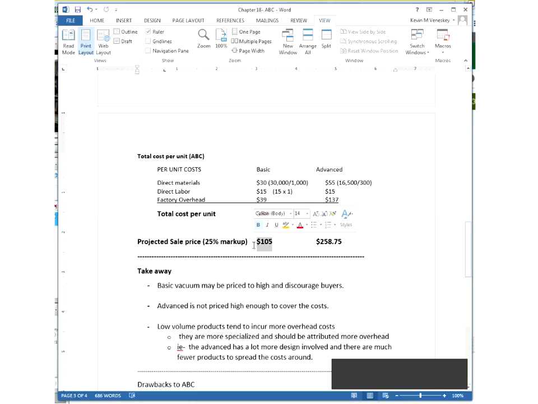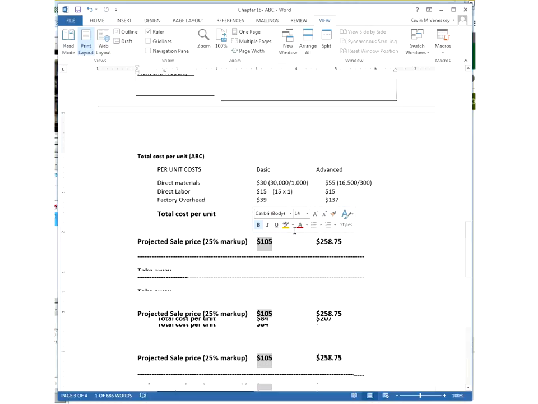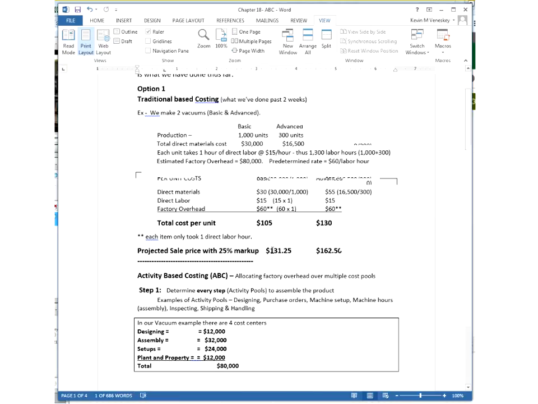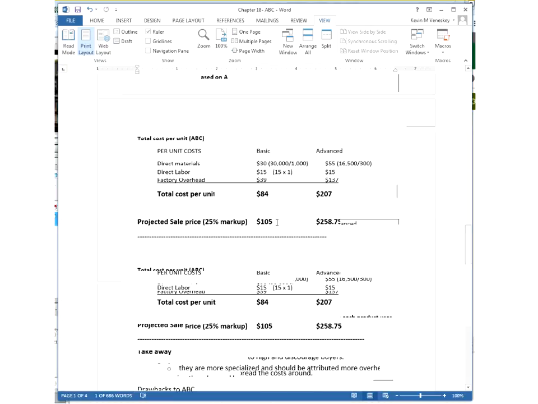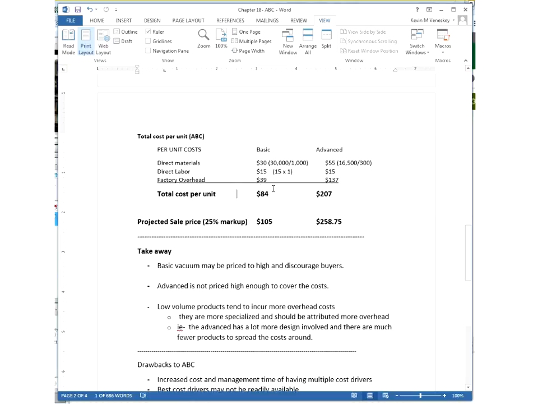So with our markup, I'm really only selling our item for $105 instead of the 131 up here. So I can sell it at a cheaper amount because it really didn't cost me as much to make. Whereas I'm going to really up my price of the advanced because before I was selling it probably too cheap for what it really cost me to make it.